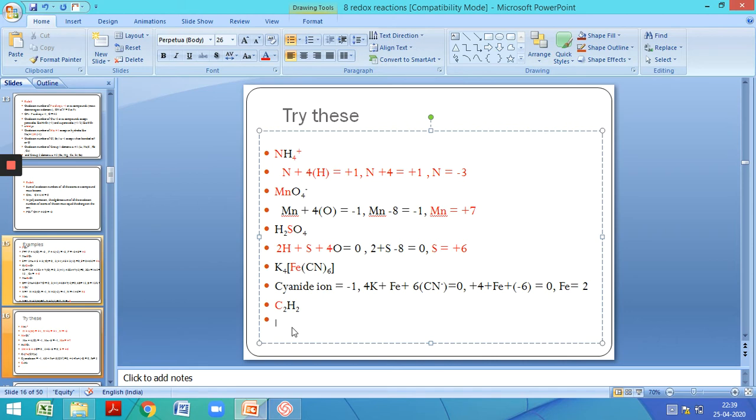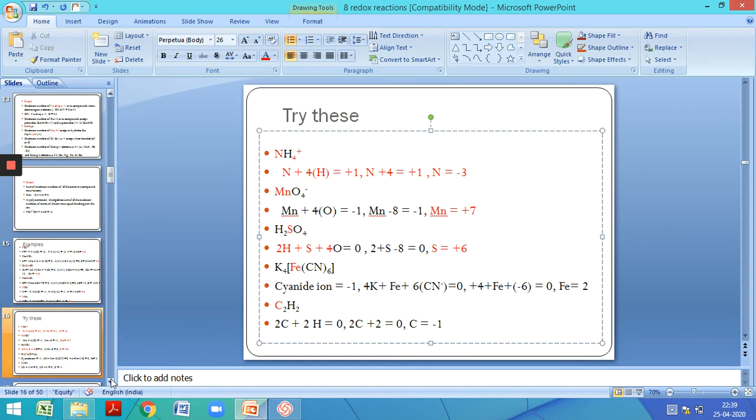The oxidation number of hydrogen is equal to +1. So 2 times C plus 2 is equal to 0, as this is a compound. Therefore, carbon has oxidation number equal to minus 1.